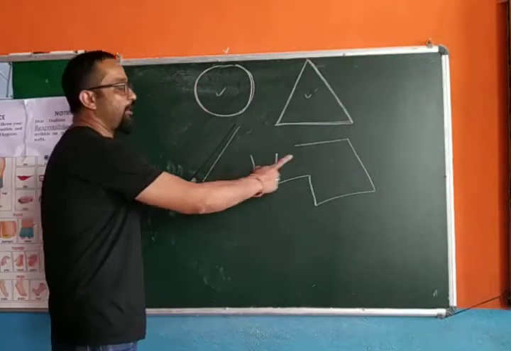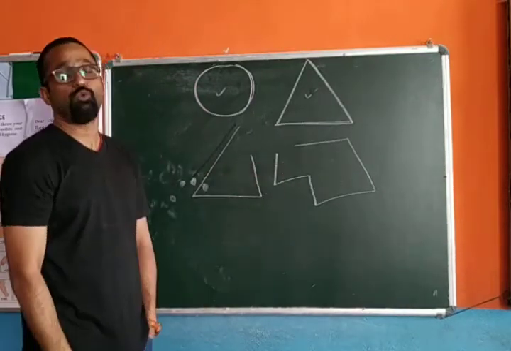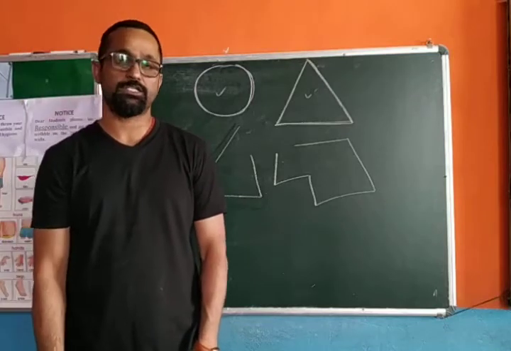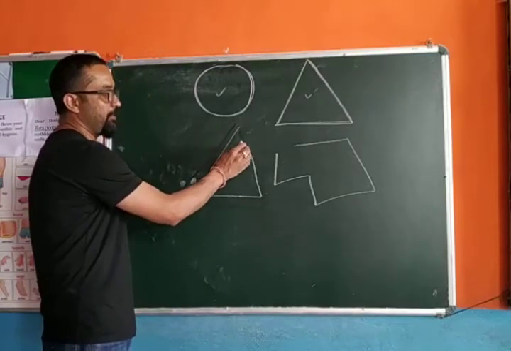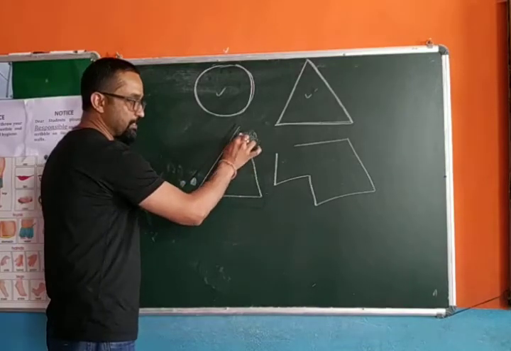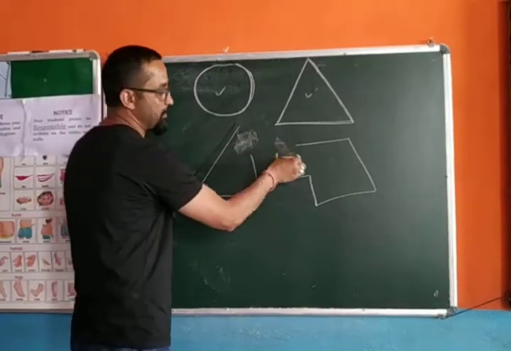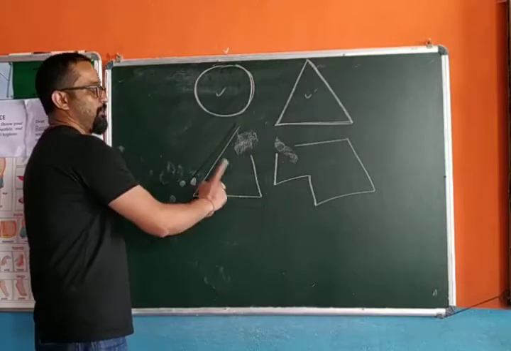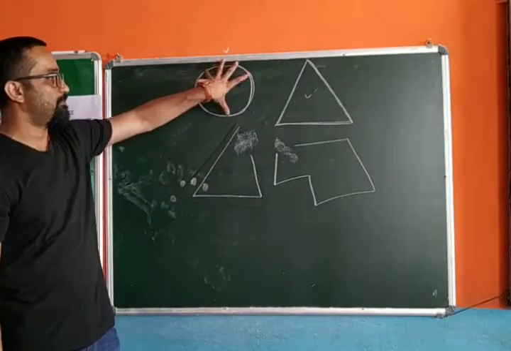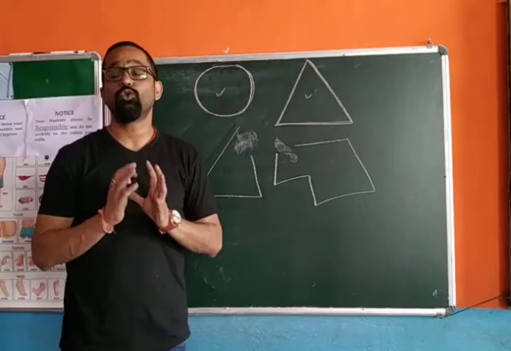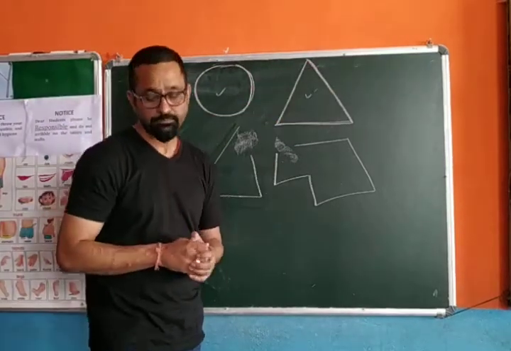The third one and fourth one are called open figures because the lines are not intersecting here. There is an open space between the lines. So they are called open figures and these two are called closed figures.